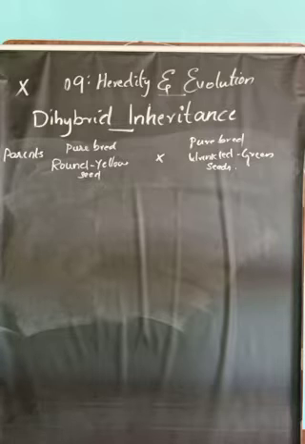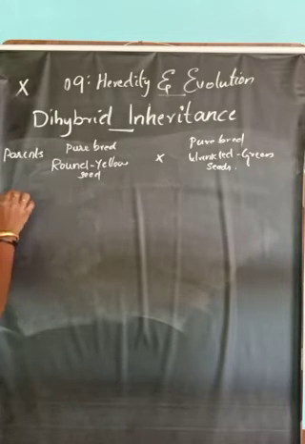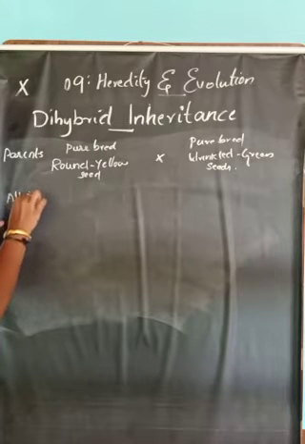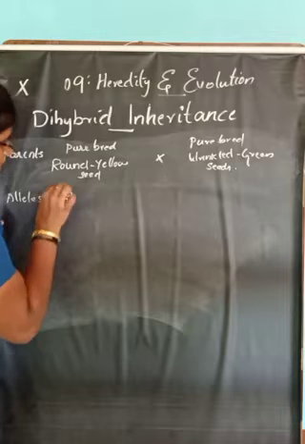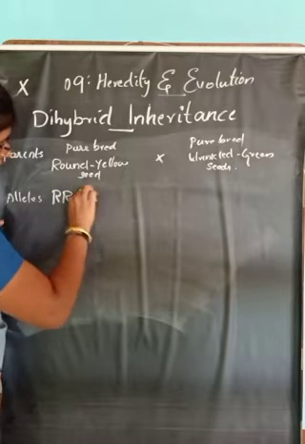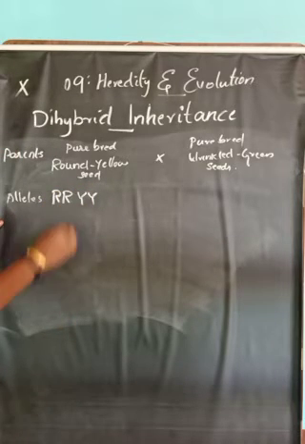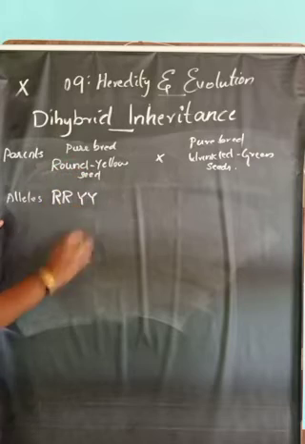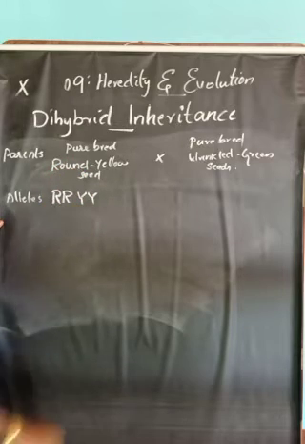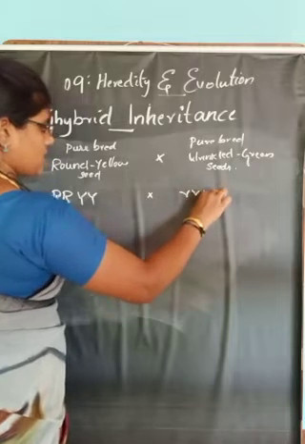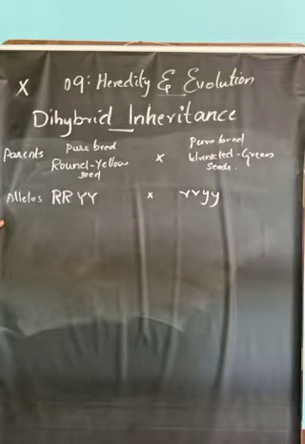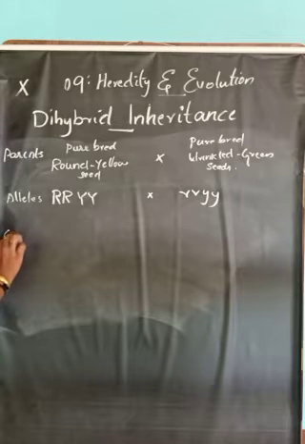So the parents are pure breed round yellow seeds and pure breed wrinkled green seeds. The alleles are capital R, capital R, capital Y, capital Y. We represent round as RR and yellow as YY. Then wrinkled green is small r, small r, small y, small y. Then comes gamete formation.